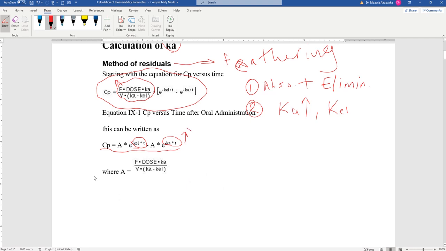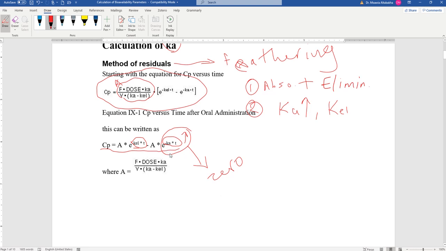After some time, this exponent, e to the power of minus Ka t, will approach 0 while the other is still going on. Not at the beginning, but after some time, because Ka is much higher than Kel, e to the power of minus a larger number will go to 0.